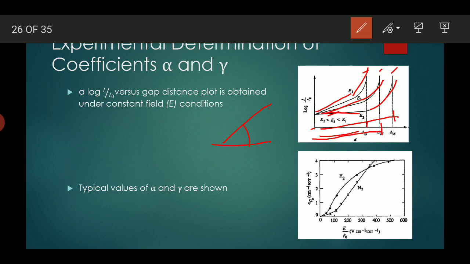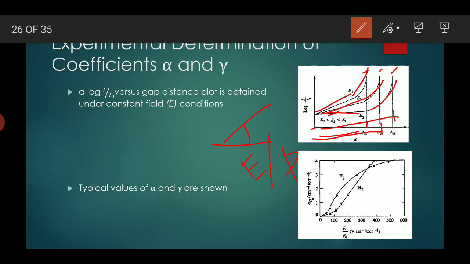Now you can do the same experiment with different pressures. It can be easily seen that the ratio alpha by P and gamma are functions of E by P. The spark over voltage for any gap length is Vs equal to E into ds, where ds is the critical gap length for that field strength as obtained from the graph.